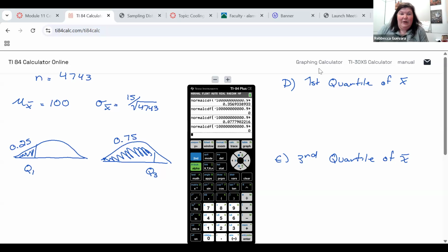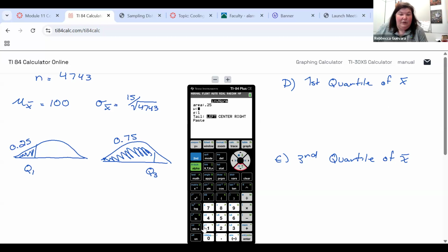So we're talking about having an area and going backwards and finding an X bar. We're doing number 3, inverting the normal curve. The area to the left is 0.25.